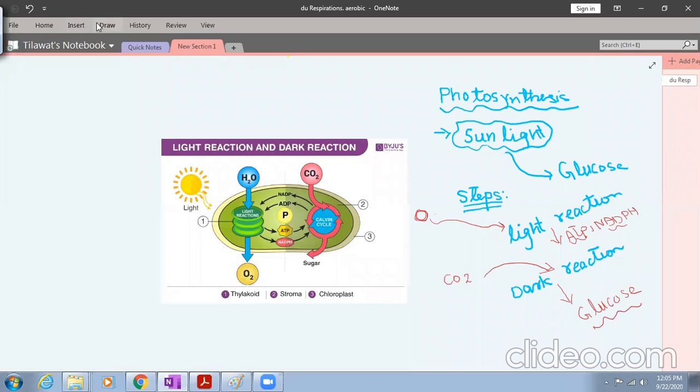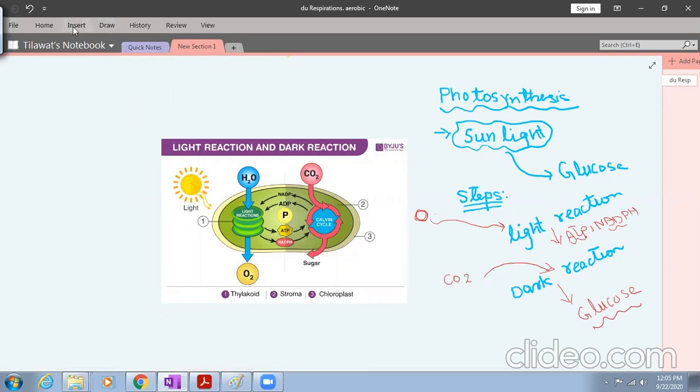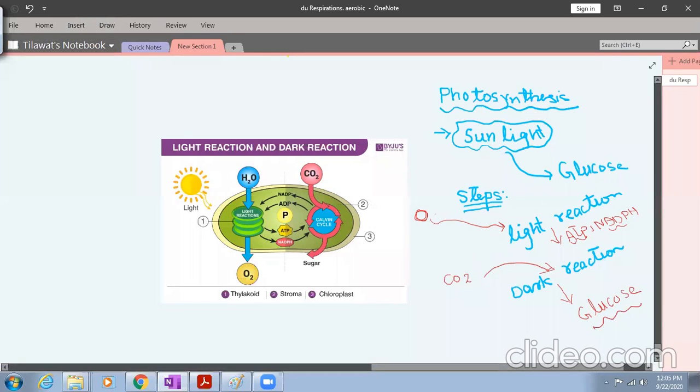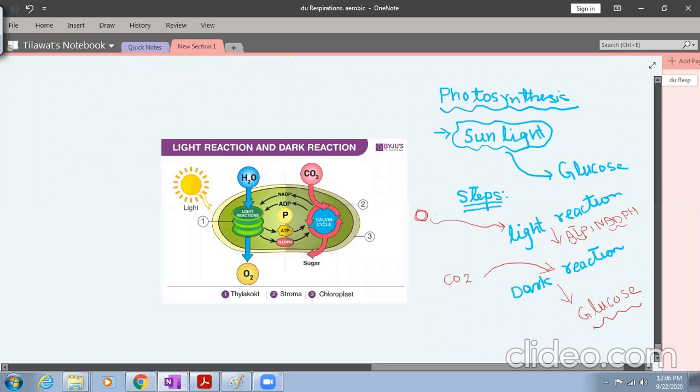Am I clear? Now, if you see here, as we discussed about the structure of chloroplast, this is the outer membrane of chloroplast. This is the inner membrane. Inside the chloroplast, the sac-like structures combine and form the grana of the chloroplast.